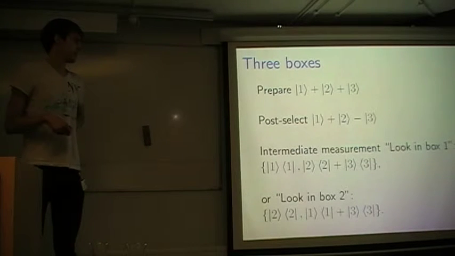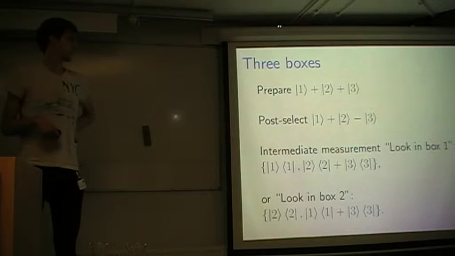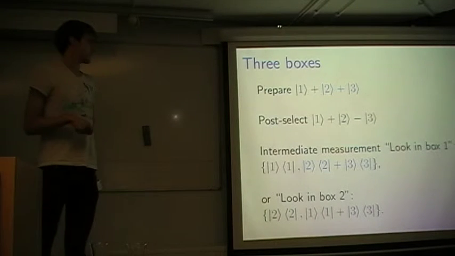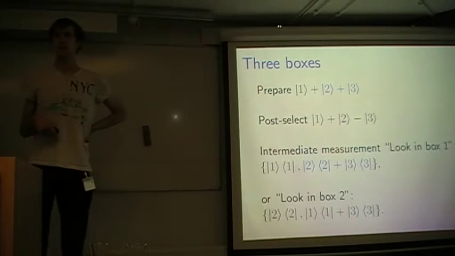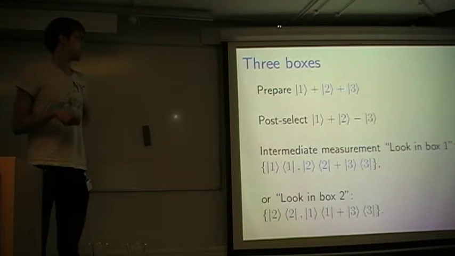So let's suppose that we did this first measurement, we looked in box 1, and suppose that we got this outcome. Okay? Well, so we're just doing a normal projective measurement with the Lüders update rules, so the state just gets projected by this operator. Okay, so we're just going to project into the 2-3 subspace. So that means we're going to end up with a state that's proportional to this.